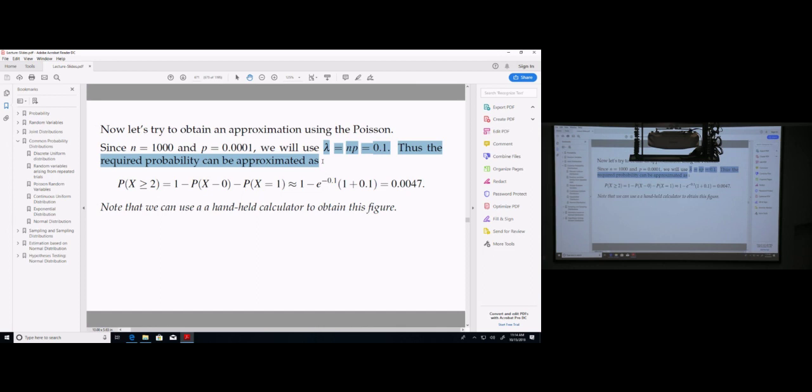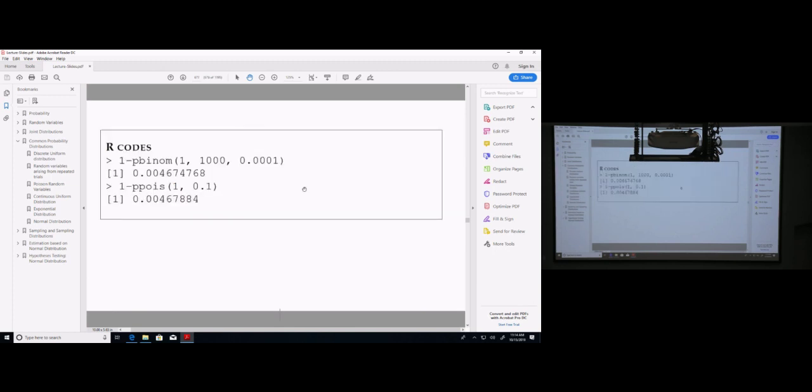And this works out to be 0.1, and so you have this, all right? And you can easily do this with your handheld calculator, all right? And we can compare it. The accuracy is up to the 5th decimal place.